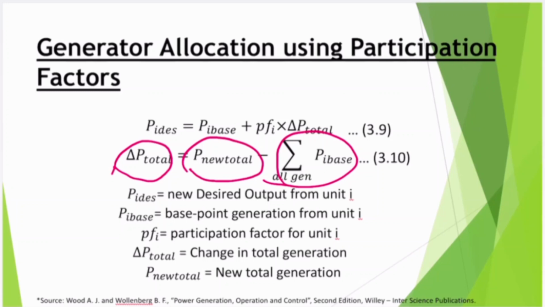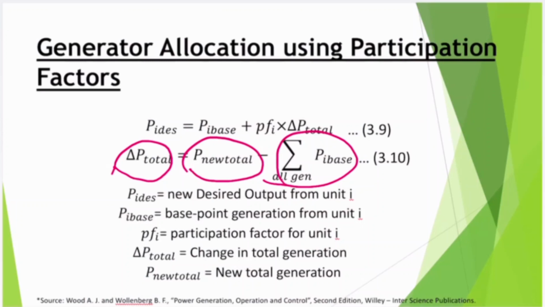Now you know how much change the system is experiencing, and there are n units. I wish to know the share for my ith unit. So the ith unit's output will be its base value plus the participation factor multiplied by the total change in power of the whole system. I hope you understood it thoroughly now.